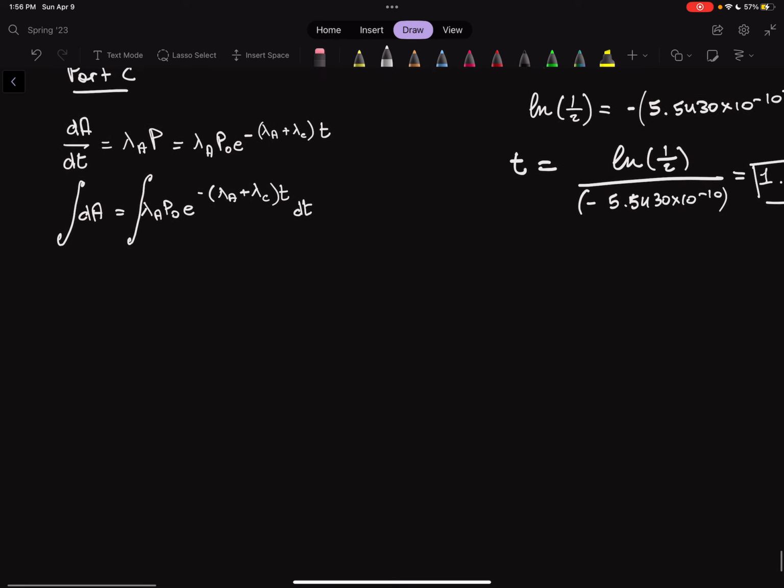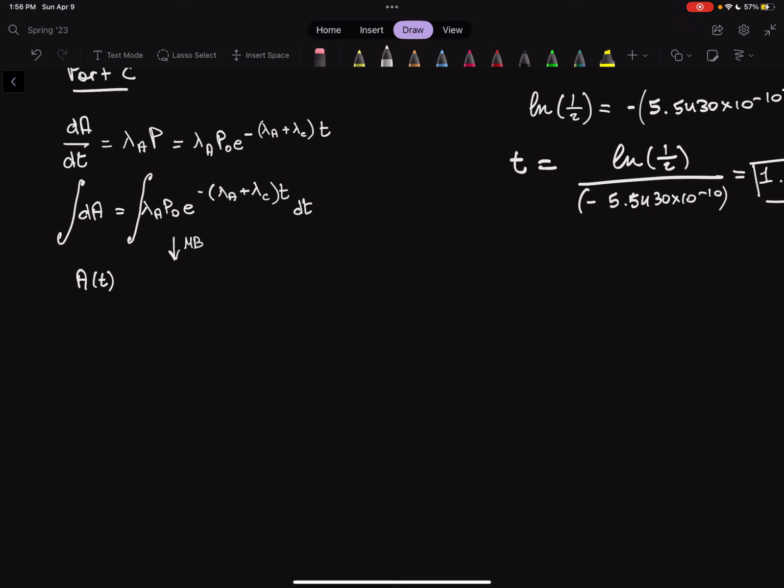Okay, and now that I take the integral, I get that A of t, with MATLAB, so I would put this in MATLAB just to be sure that you get it correctly, is equal to lambda A over, and there's a negative in front, lambda A plus lambda C, P naught times e to the minus lambda A plus lambda C times T, plus C2.